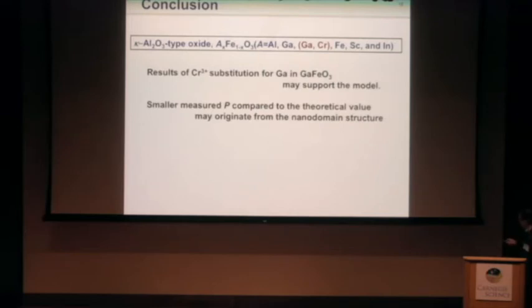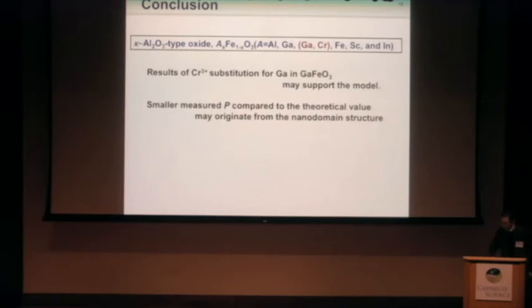So now let's conclude my talk today. We have carried out chromium substitution for gallium ferrite, and ferroelectricity was observed in this material. We compared with other systems in the polarization, and a similarly smaller polarization value was observed in all the systems.